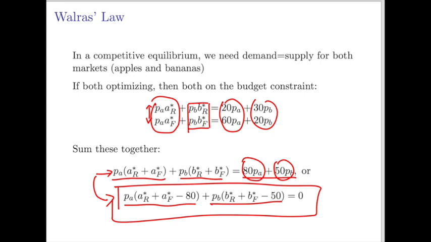Now, let's take a closer look at this last equation. Let's look at each of these terms. In particular, let's look at the second part of each of these terms. So, what is 80? 80 is the supply of apples. What is AR star plus AF star? AR star is the amount of apples demanded by Rob. AF star is the amount of apples demanded by Friday.